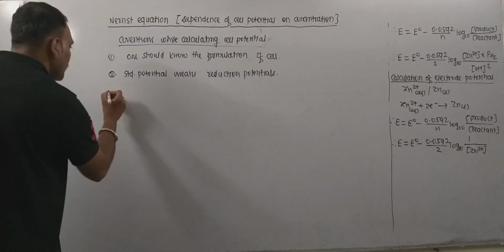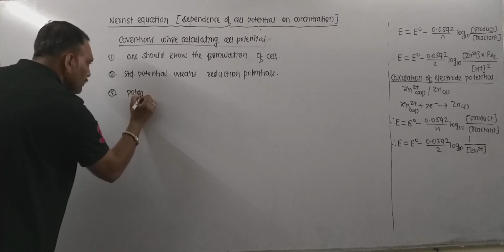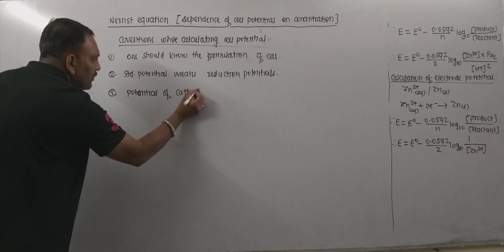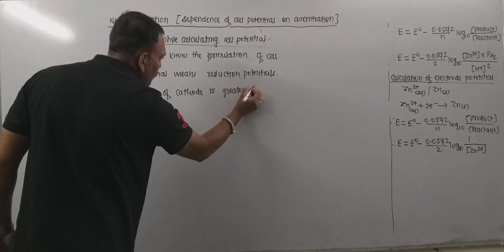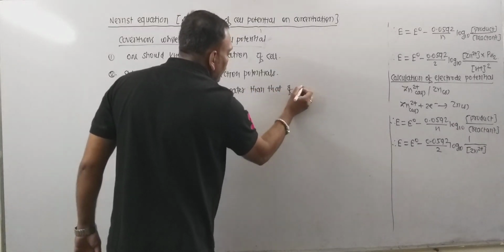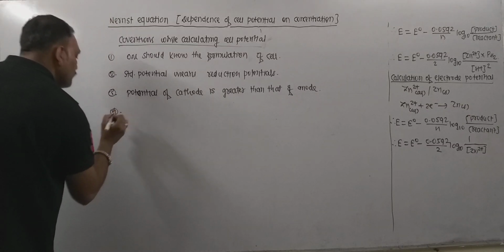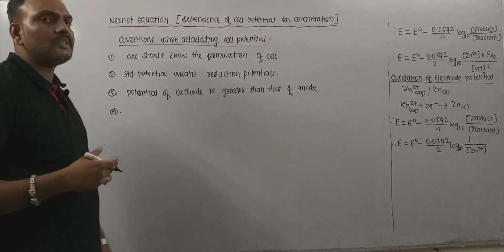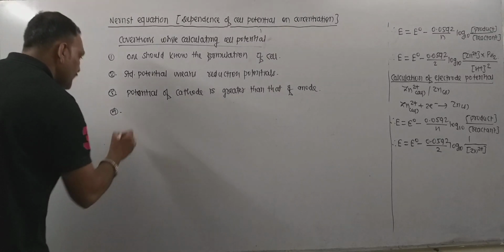Another very important thing is the potential of the cathode is higher. The potential of the cathode is always greater than that of the anode. And when this happens, I mean during the course of calculation, if the cell potential comes out positive, then it means the cell reaction is spontaneous.